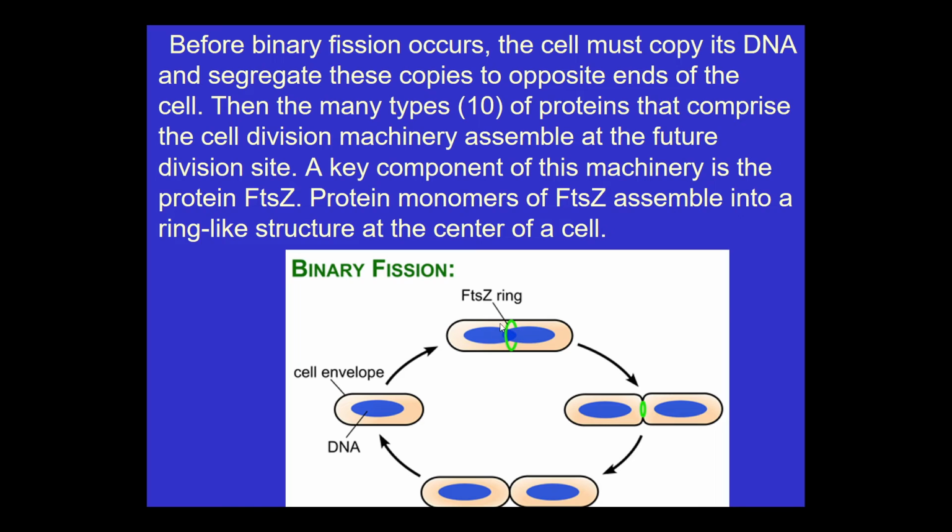A key component of this machinery is the protein FtsZ. Protein monomers of FtsZ assemble into a ring-like structure in the center of the cell. You can see it here.